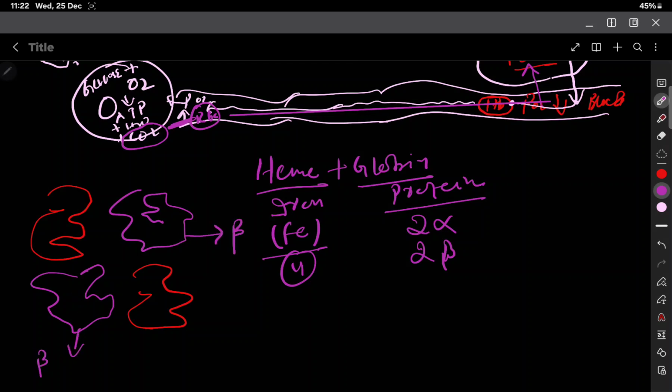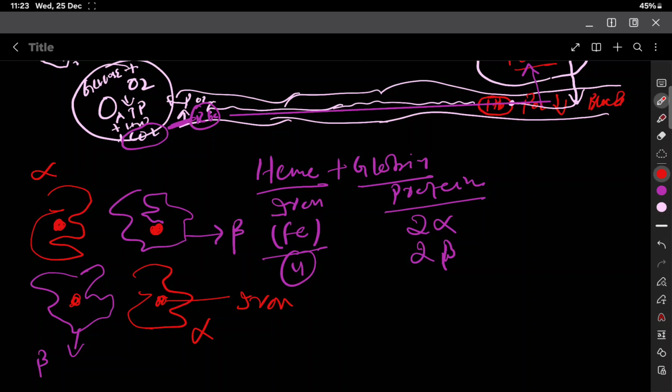So this part is the protein part of the hemoglobin, and it also contains iron. This is the iron, or we can say it is the heme part. So in hemoglobin there is a heme part, which consists of iron, and a globin part, which consists of proteins, 2 alpha chains and 2 beta chains. That is the molecular structure of hemoglobin.